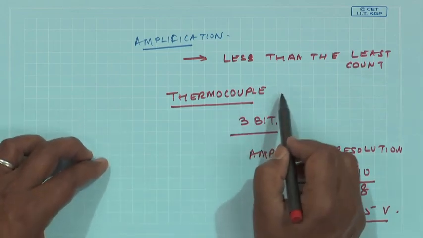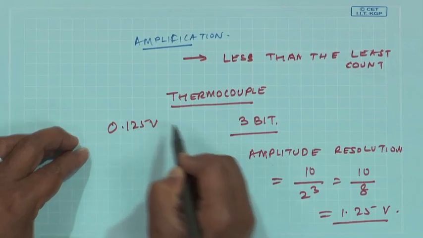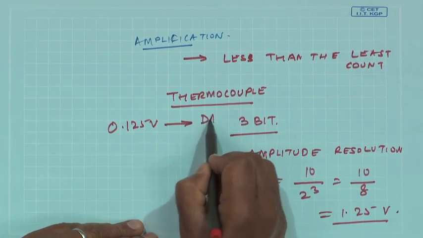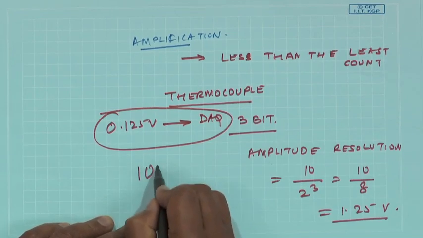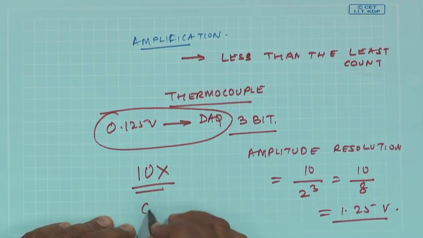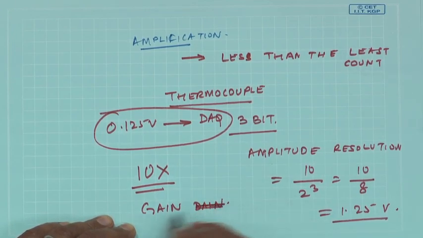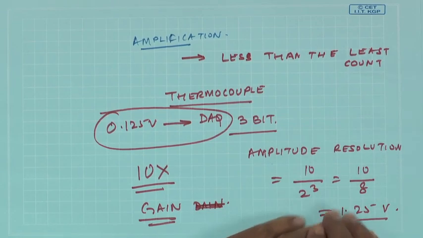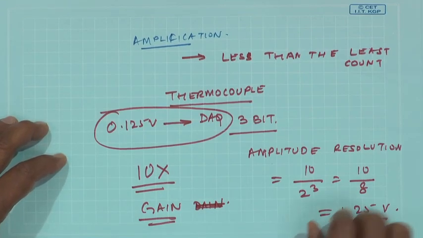So, that means my thermocouple output, suppose it is 0.125 volt, cannot be sensed by the DAQ system unless it is amplified by a factor of 10. So, this 10x means a gain of 10. So, sometimes signal amplification is required so that it is sensed by a unit whose least count is more than the signal strength, right.